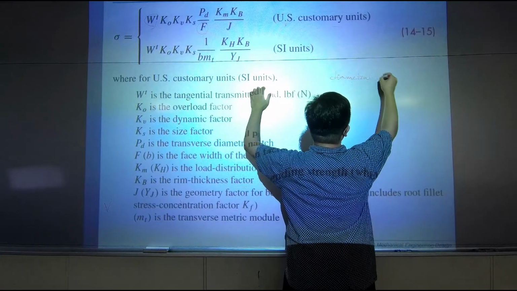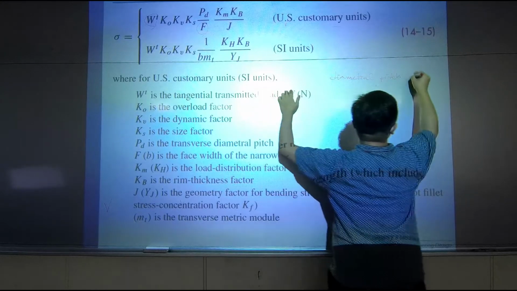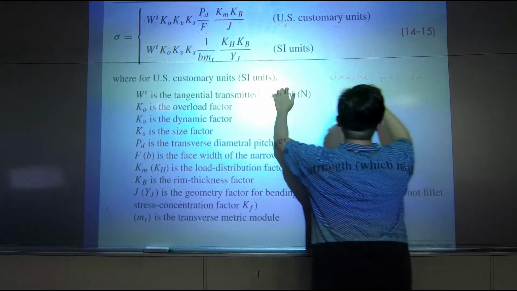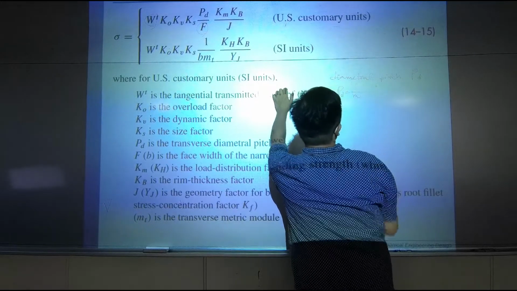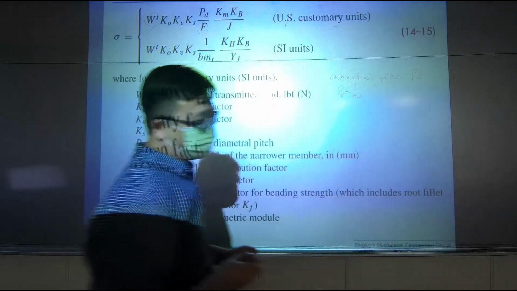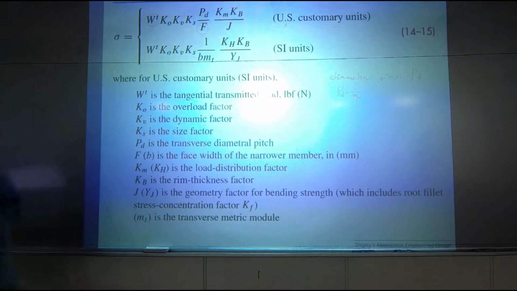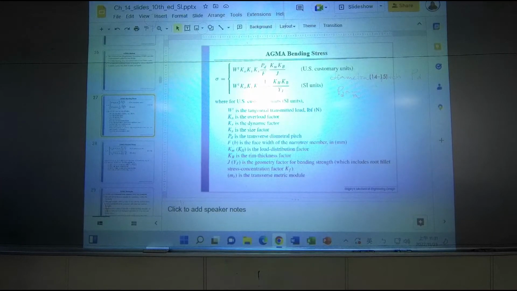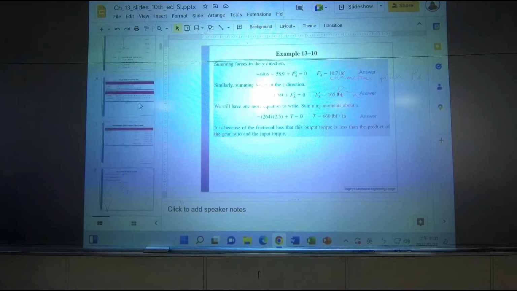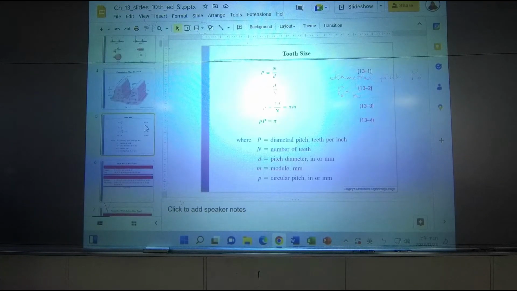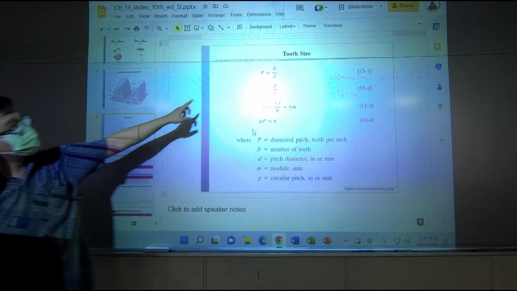Diametral pitch is PD. And PD is the reverse of the module. Okay? I can show you the previous slide, at the very beginning, when we talked about this is PD.